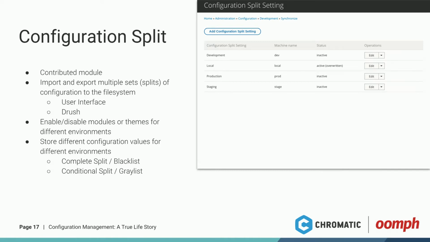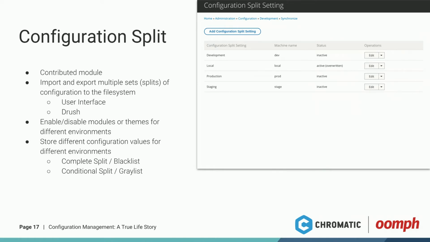And to note here, here's the UI of the configuration split. This is showing the currently active or registered splits in configuration itself for the config split entities. You can see here that the active split is local. This was a screenshot from a local environment.